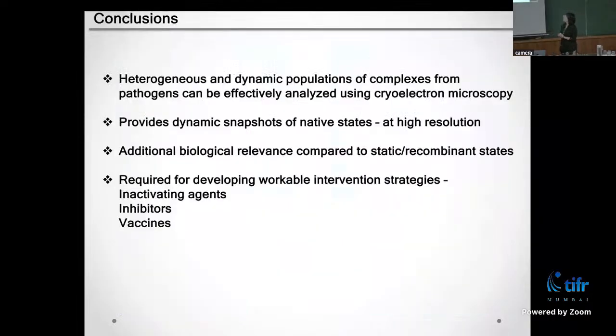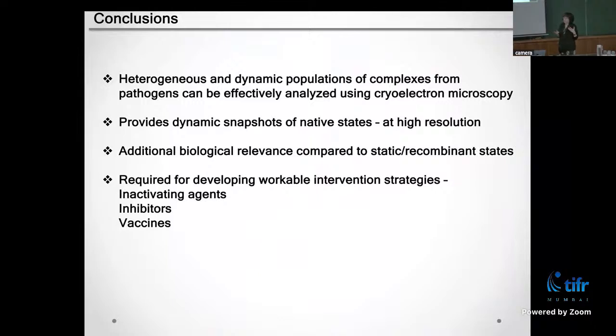So in conclusion, we work on heterogeneous and dynamic protein complexes, heterogeneous from the perspective of many different components mixed together, dynamic from the perspective of having different conformational states mixed up in the same sample.